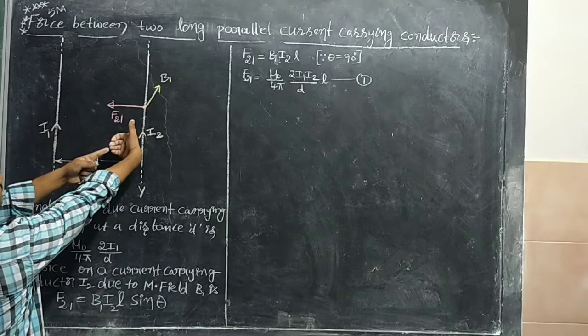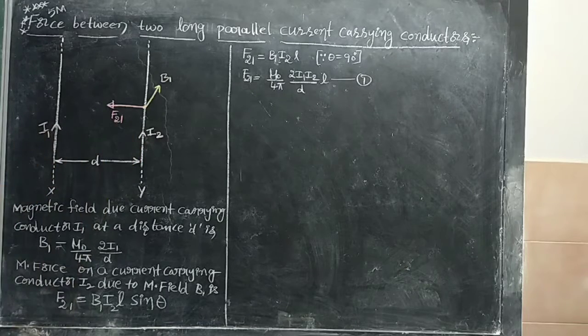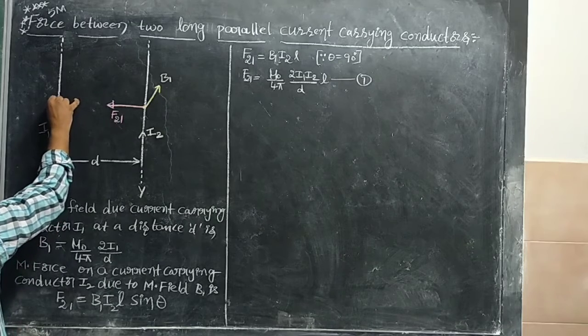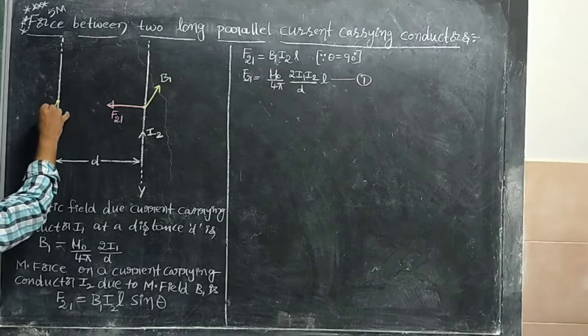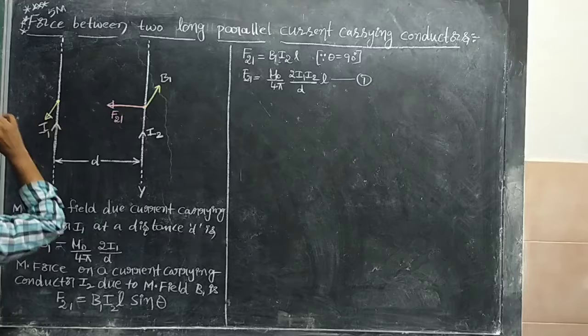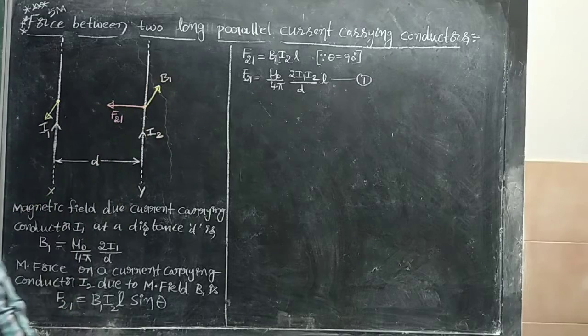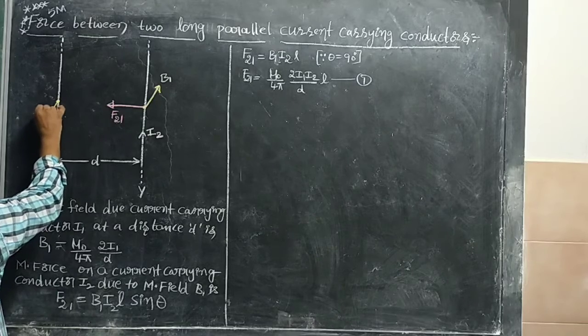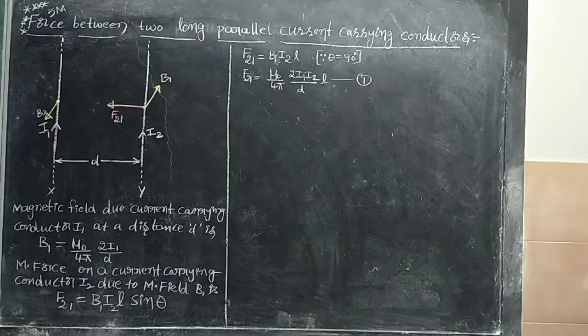That means at this point the fingers are in the outward direction. This is the direction of magnetic field, and this magnetic field is B2.